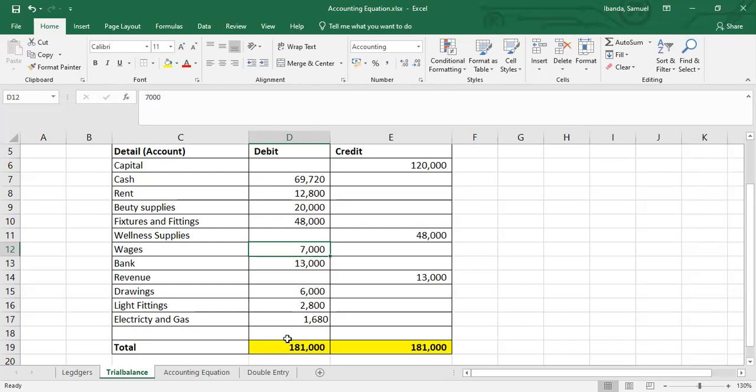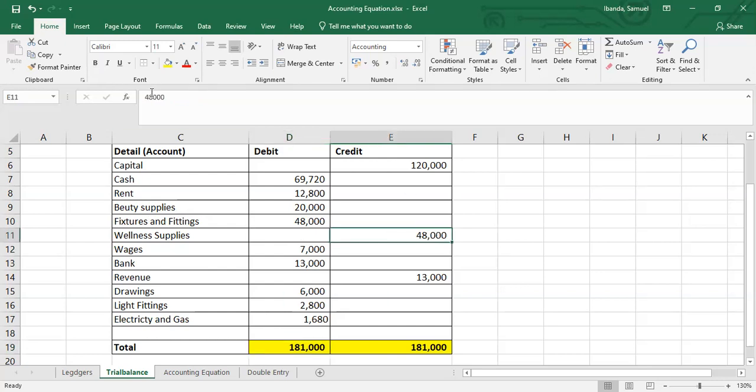But what if our trial balance had a lesser figure? Let me assume that I'm going to make some adjustments here.